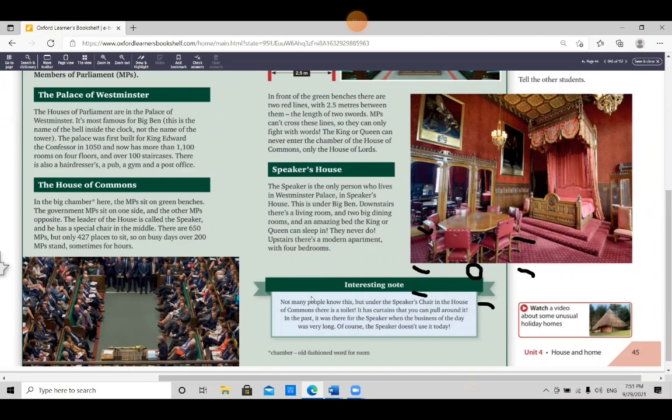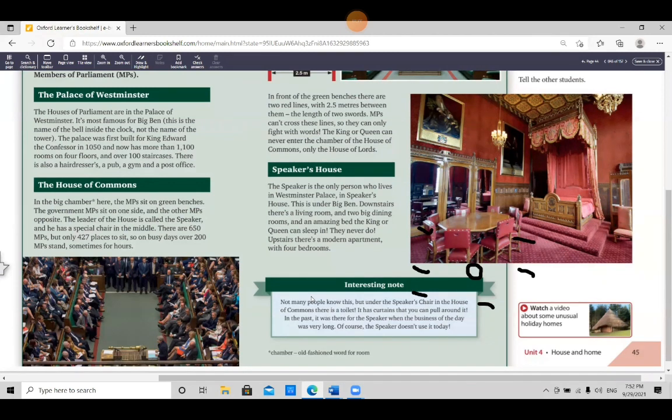It has curtains that you can pull around it. In the past, it was there for the speaker when the business of the day was very long. Of course, the speaker doesn't use it today.